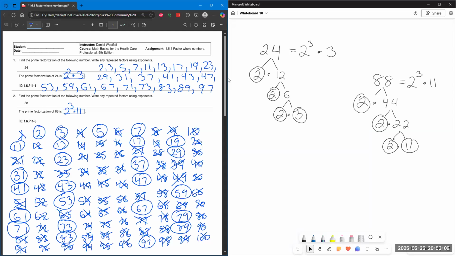Now those are just the prime numbers between 1 and 100.